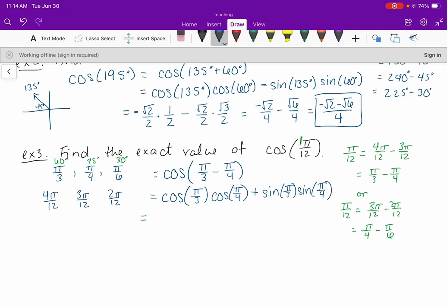Cosine pi over 3, remember pi over 3 is just 60 degrees, so that would be 1 over 2, cosine pi over 4 is square root 2 over 2, plus sine pi over 3, square root 3 over 2, sine pi over 4, root 2 over 2. So for my answer here, I get root 2 over 4 plus root 6 over 4. So this is root 2 plus root 6 over 4.